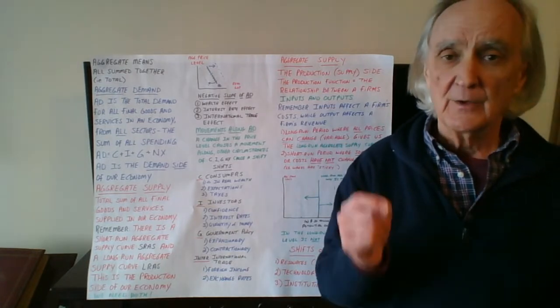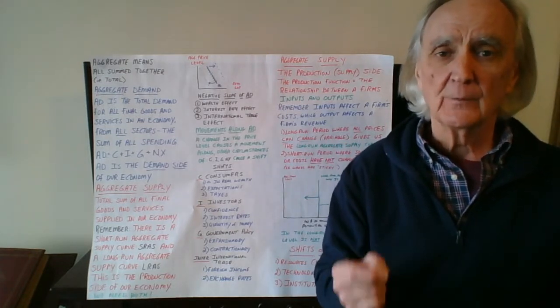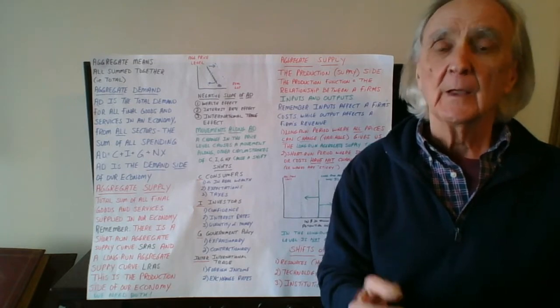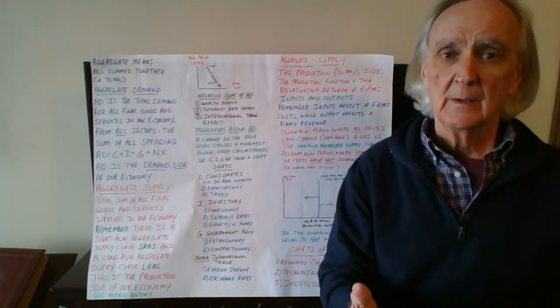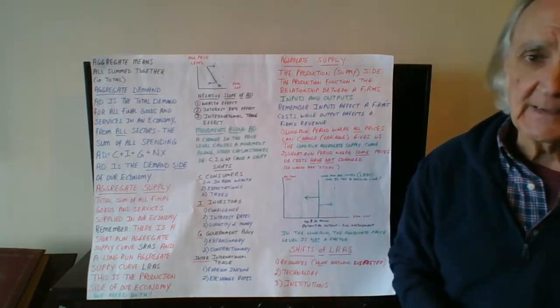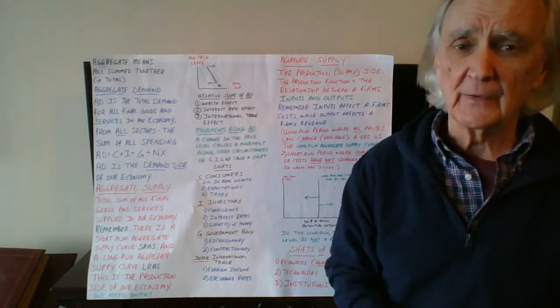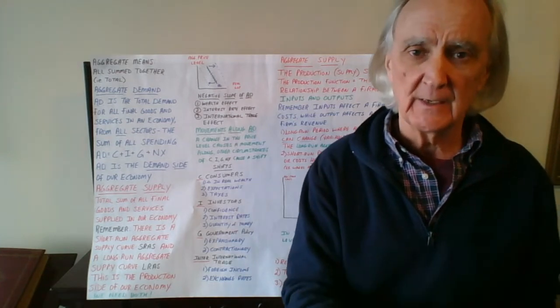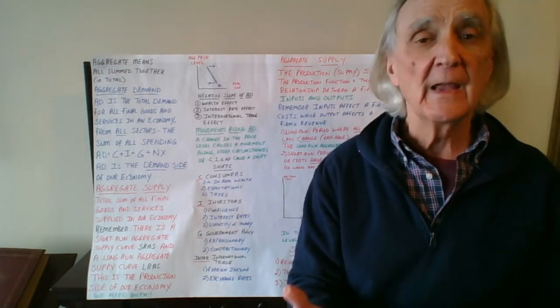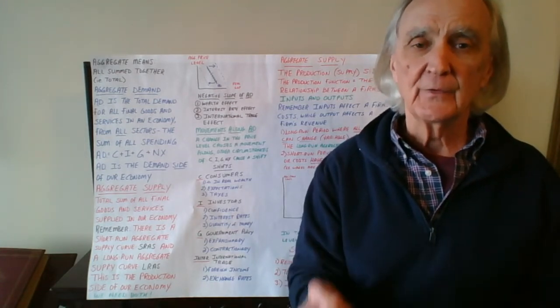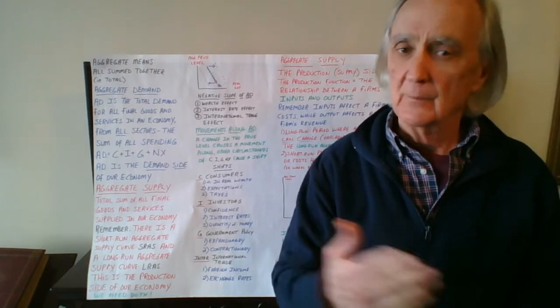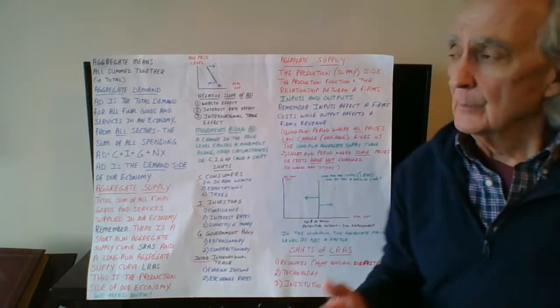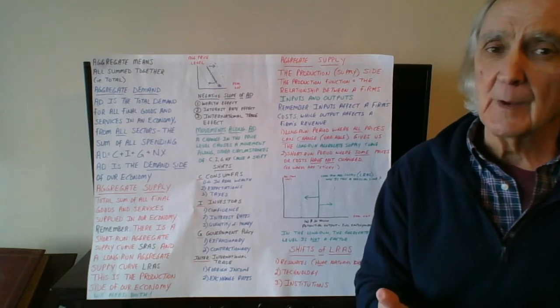And the number one input for all firms is labor. As Adam Smith said back in 1776, it's the wealth of nations. Labor productivity is the wealth of nations. And labor is the key input for business. So that's something we're going to need to remember.